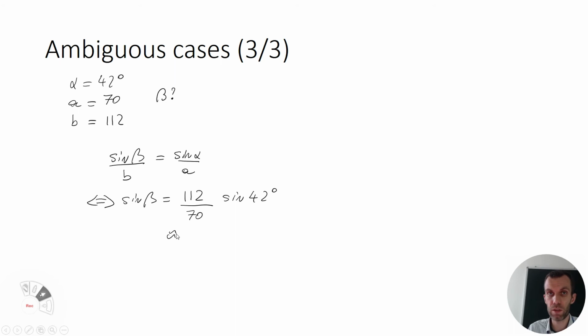And if you calculate what that value is, you get that this is approximately 1.07. And this should set alarm bells ringing, because this is again an unphysical value. The sine and the cosine, they always have to be between -1 and +1. So if you have something that's greater than 1 for the sine, it means that that equation has no solutions.